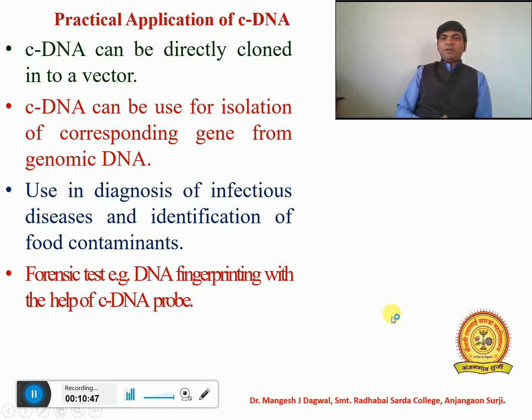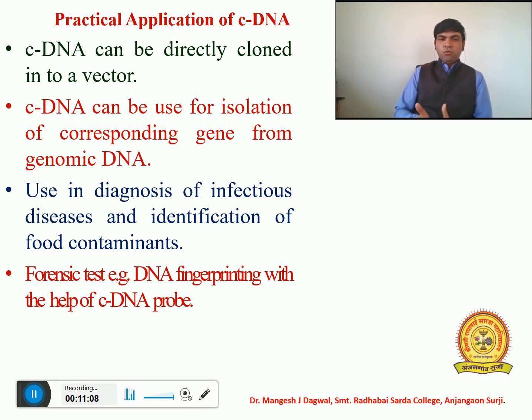Now this cDNA library or cDNA has some applications. cDNA can be directly cloned into a vector. cDNA can be used for the isolation of the corresponding gene from the genomic DNA. Now this cDNA is also used in the diagnosis of infectious disease and identification of food contaminants.